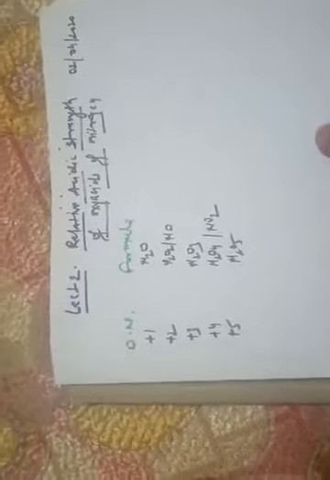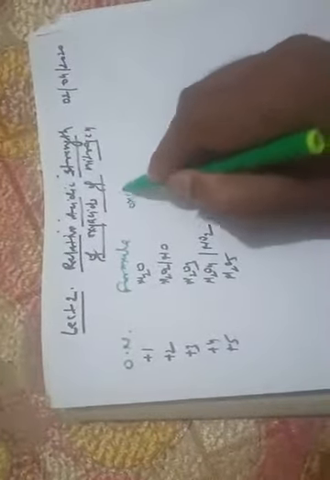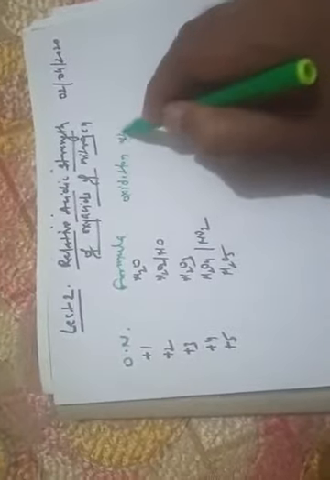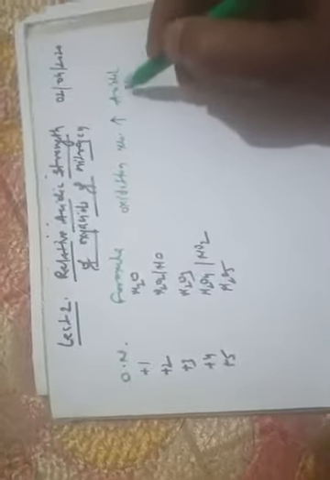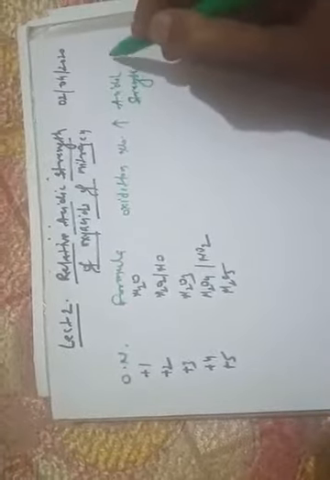Now the oxidation number decides the oxidizing nature and the acidic nature. As the oxidation number increases, the acidic strength will increase. Here you can see that the +5 oxidation number belongs to N2O5.